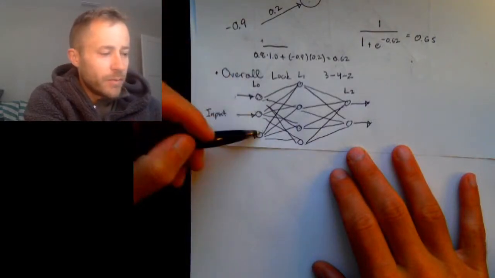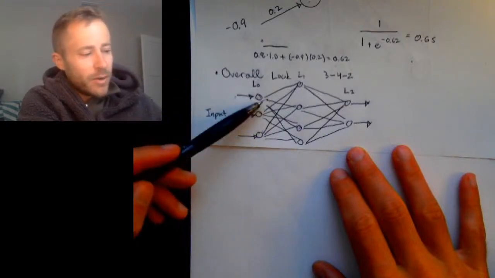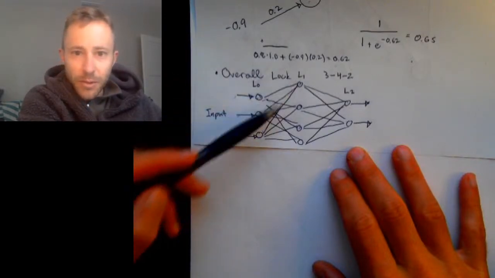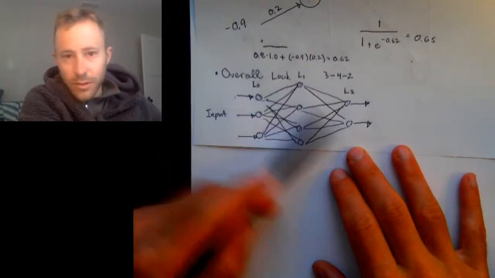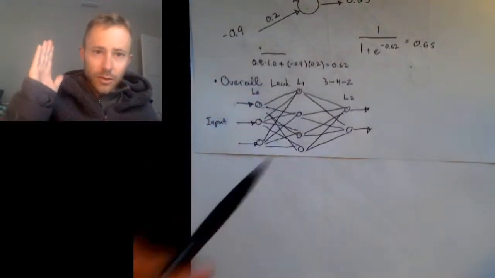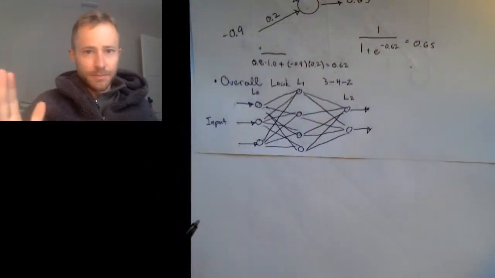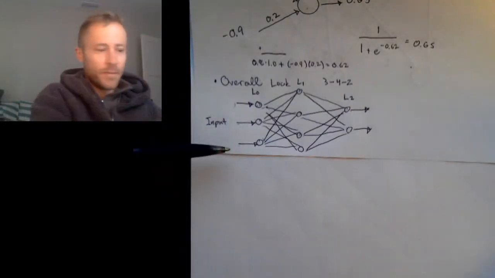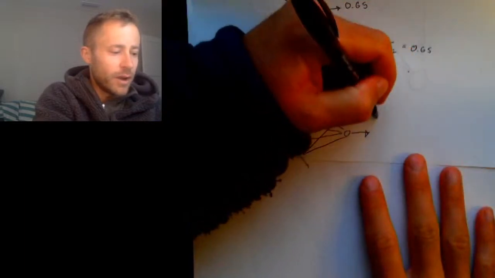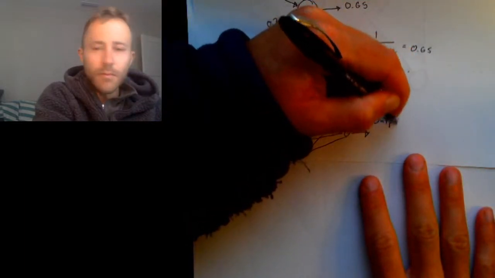The input gets fed through the synaptic weights into the next layer, and then the sigmoid function is applied to it, and then it gets passed on to the next layer. So the information that goes into the neural network goes layer by layer by layer until it reaches the output.